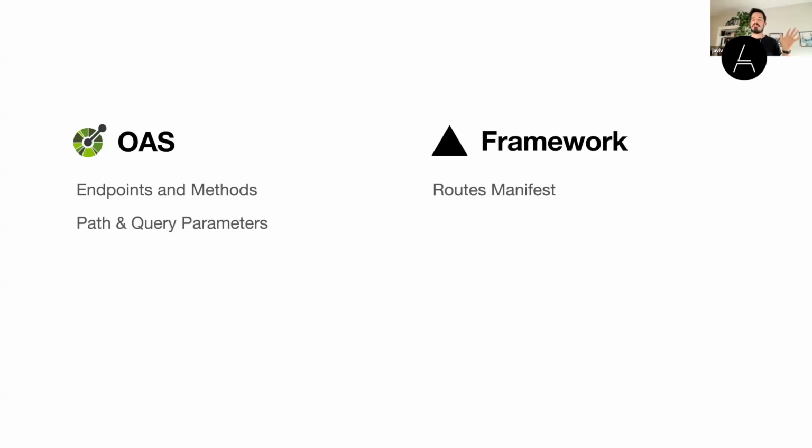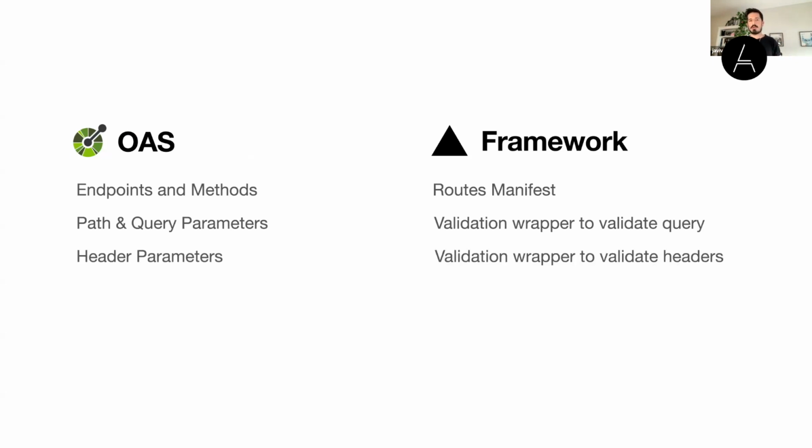We would also have path and query parameters in the specification, but we have a validation wrapper to validate queries, so we can get it from there. We have header parameters, but you can also validate them using a wrapper to extract headers whenever you need to use them. Responses can also be traced and analyzed by looking at the usage of the send function in micro, or whatever each handler is resolving to.